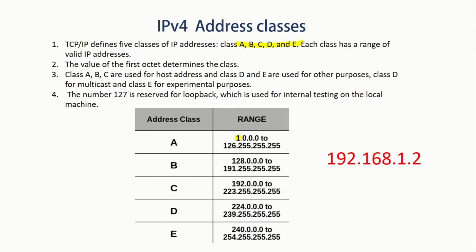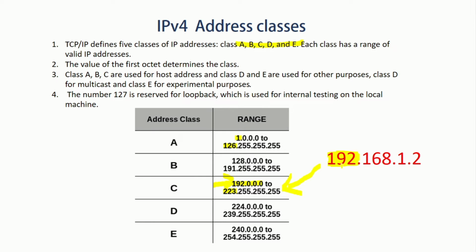When you want to identify the class of an IP address, you just need to check the number in the first octet, which is 192. 192 lies in class C, which ranges from 192 to 223. This is how you identify that this given IP address is of class C.